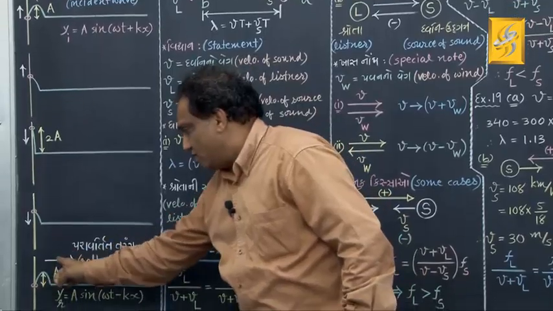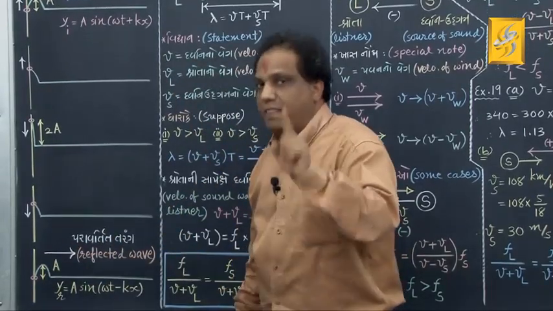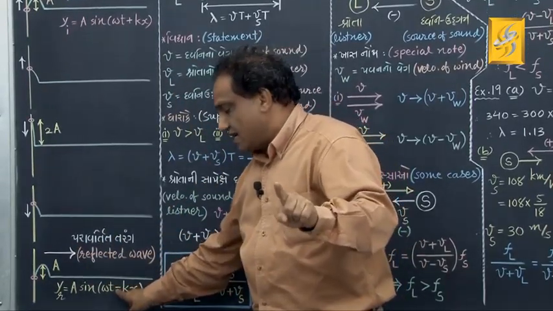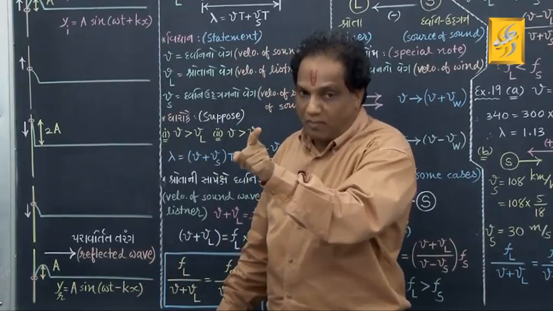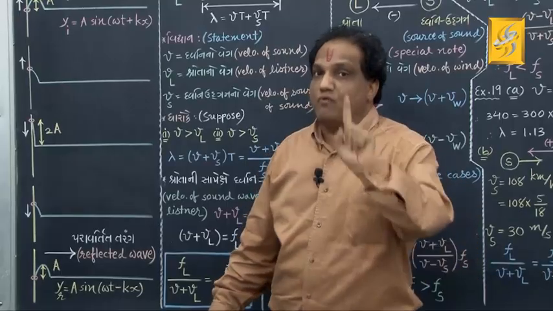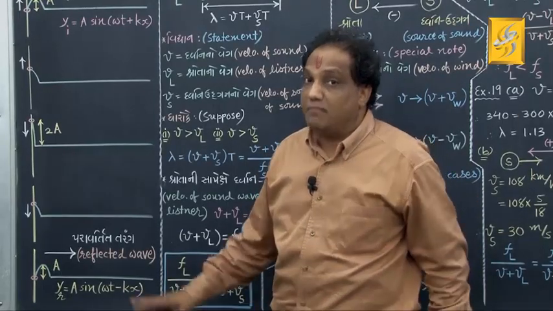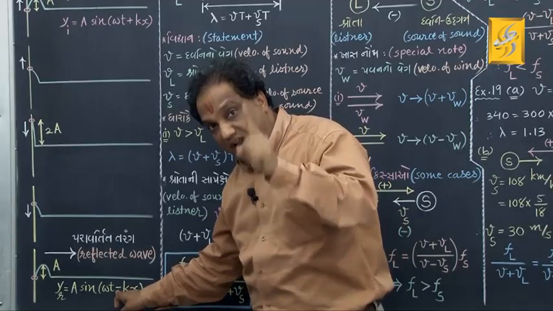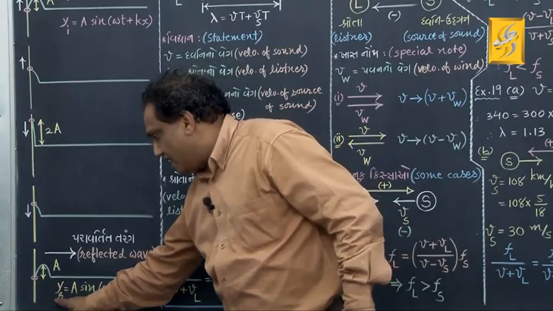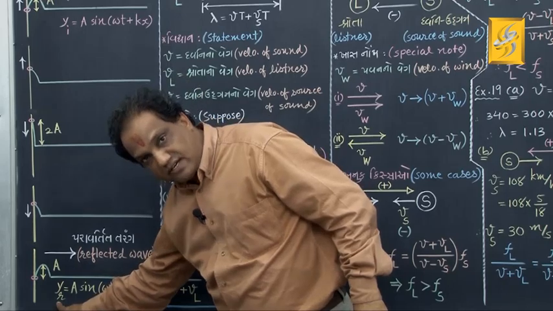Now it is propagating towards positive x-axis, and then here we should write a minus sign in the wave equation. What was the wave equation for a wave propagating towards positive x-axis? y equals a sin(omega t minus kx), correct? But because it represents the reflected wave, I should write here yR, R for reflected, correct?